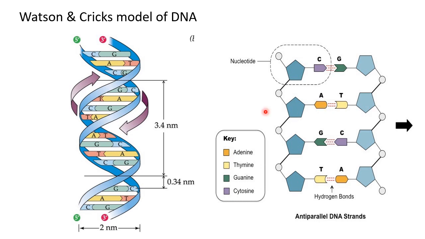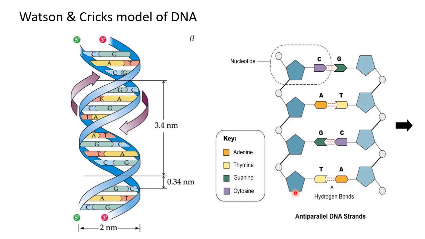Then each strand consists of a polynucleotide chain. Now polynucleotide chain means number of nucleotides. Here we can see a nucleotide. Then here another one. So these nucleotides are linked with each other with the help of phosphodiester bonds. Then each strand shows two ends, that is C5 end and C3 end.